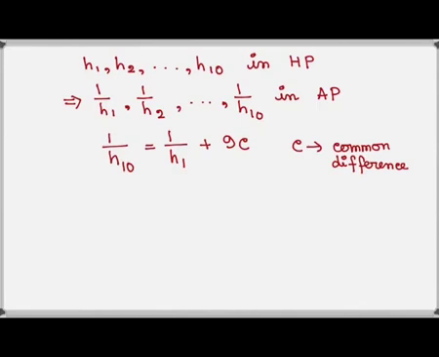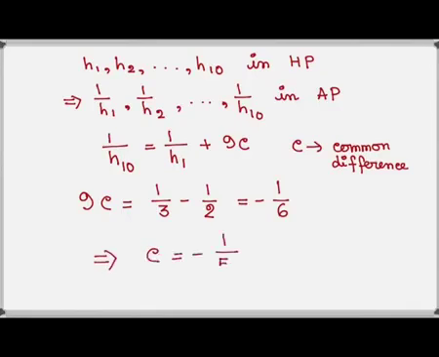Substituting the values of H1 and H10 here, we get 9C is equal to 1 by 3 minus 1 by 2, that is minus 1 by 6. So we get C is equal to minus 1 by 54.